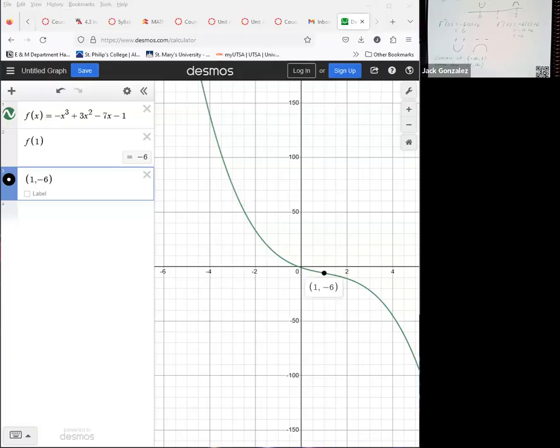Oh, I'm sorry, I got it now. Just remember, is it opening upward or is it opening down? But that specific spot where it changes is hard to see, so you have to find the inflection point with the second derivative.